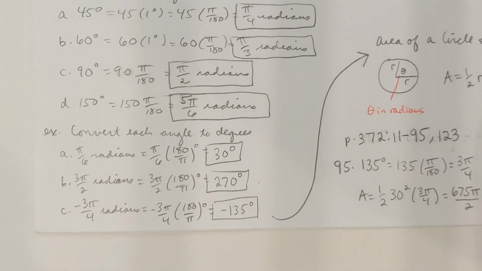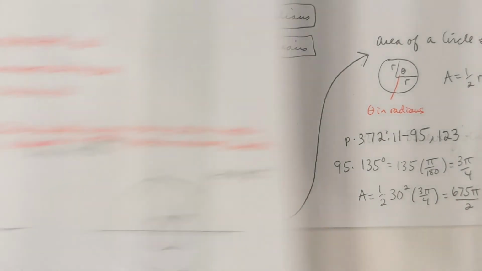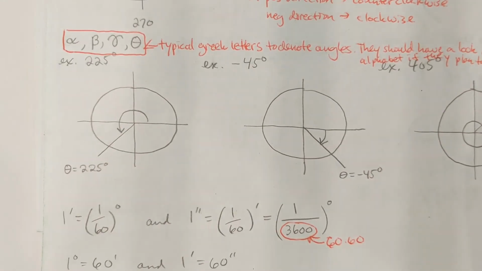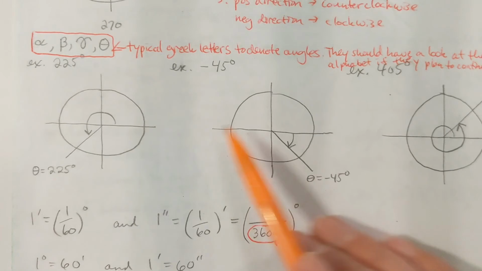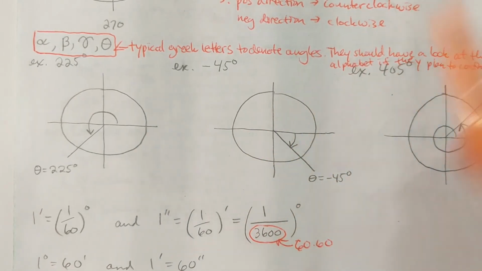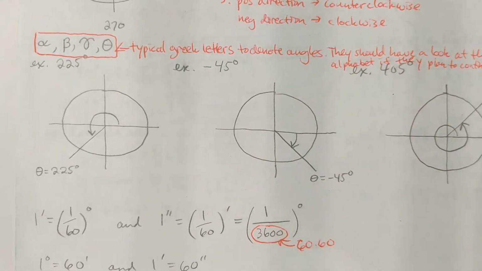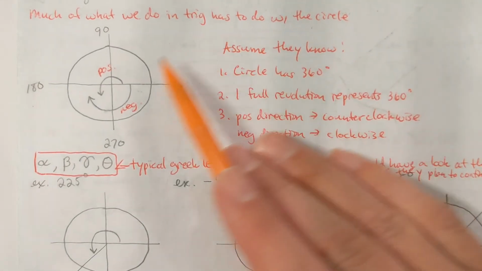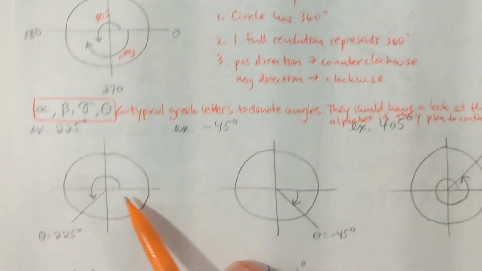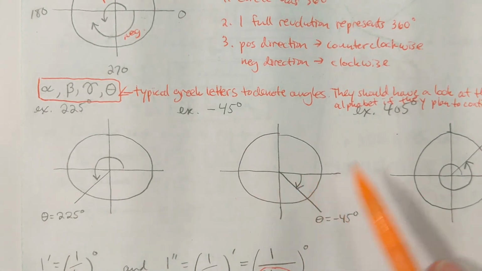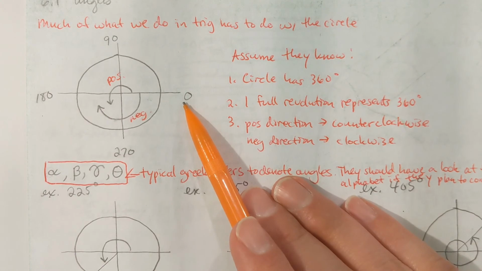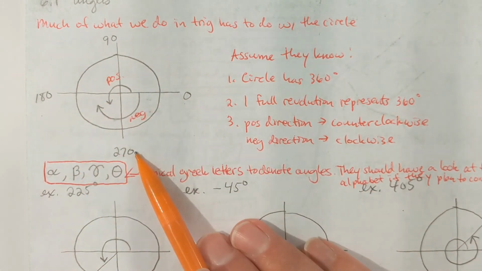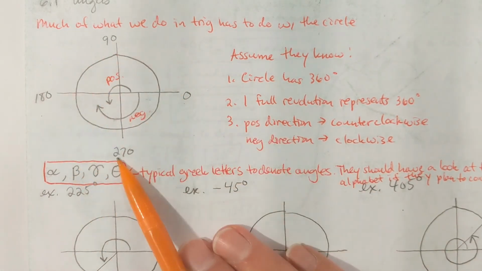By the way, one of the things I wanted to mention here, if I briefly go back to these problems where I was drawing the angle on the circle, I'll talk about the major angles and then the minor angles. The major axes are these 4 angle measurements here, and this is in degree measure.